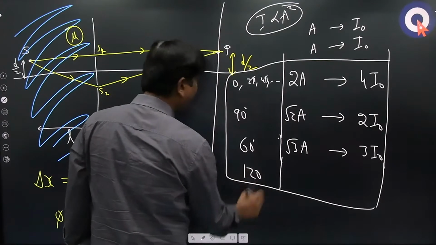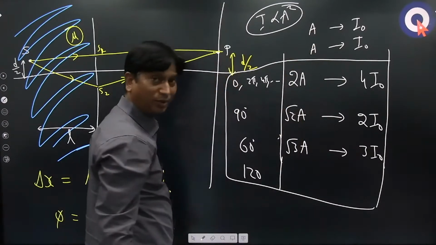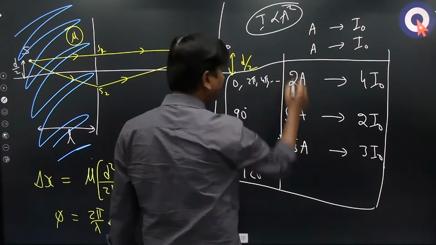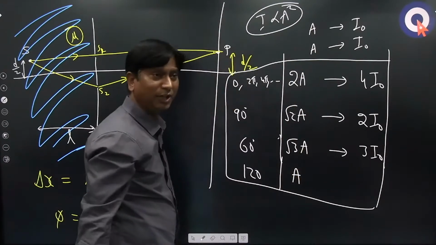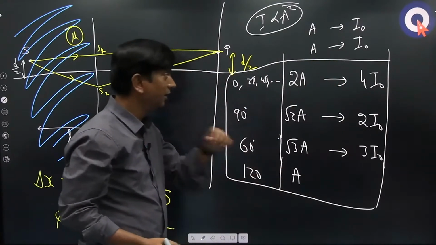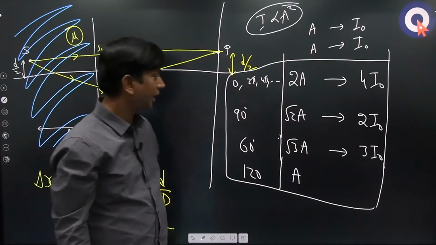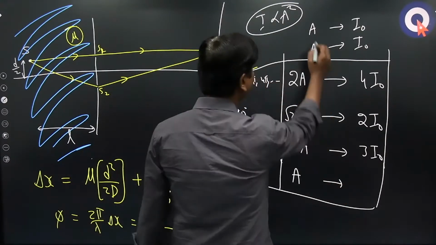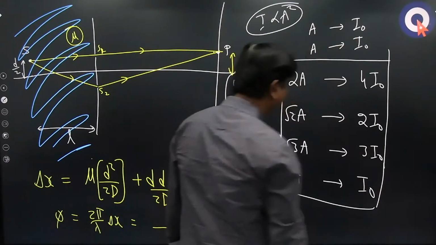120 also we can try, A and A with 120. So this phase difference is 120, and the resultant will be A only, because two vectors having magnitudes A and A with angle 120 give the resultant as A. So when the resultant is A, intensity will become I naught.